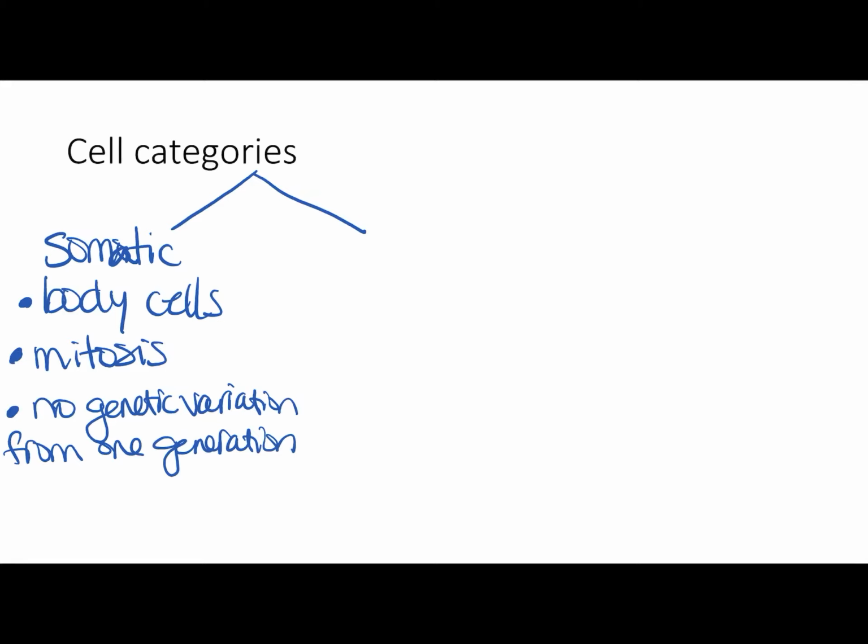And when I say one generation, I'm not talking about you and your kids. I'm talking about when one skin cell divides to make 2 new skin cells, that kind of a generation.